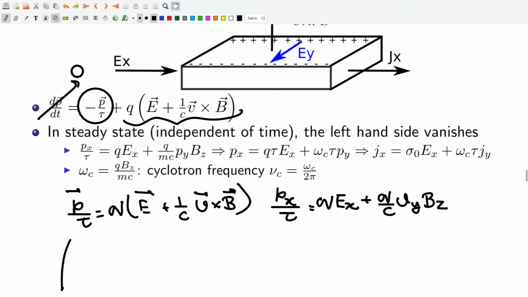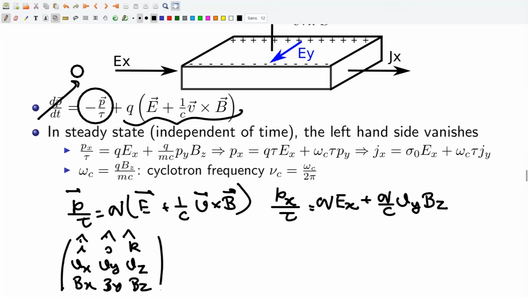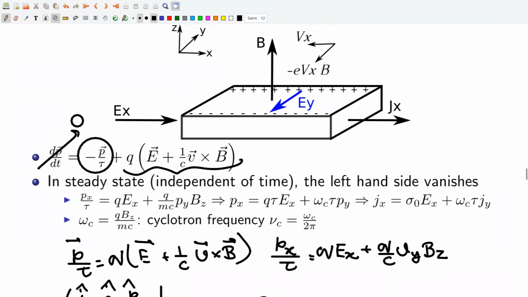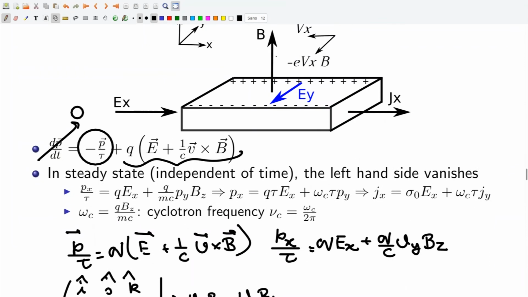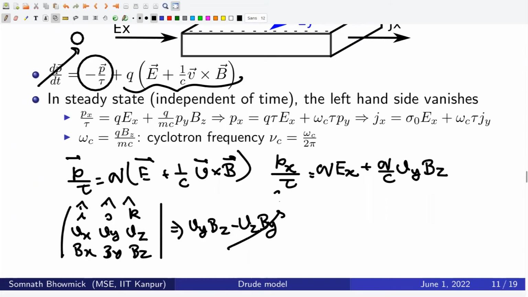So, this is i, j, k, v_x, v_y, v_z, B_x, B_y, B_z. And if we write the x component, so this turns out to be v_y B_z minus v_z B_y. But we know that the magnetic field is only in the z direction. That means y component of the magnetic field is 0. So this term is 0, and that leads to this equation.